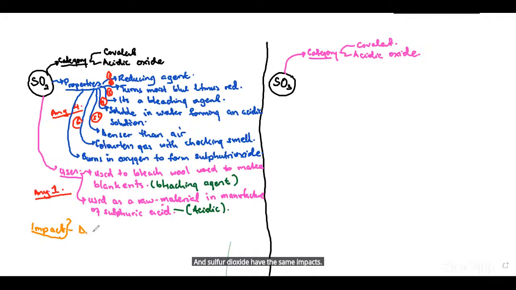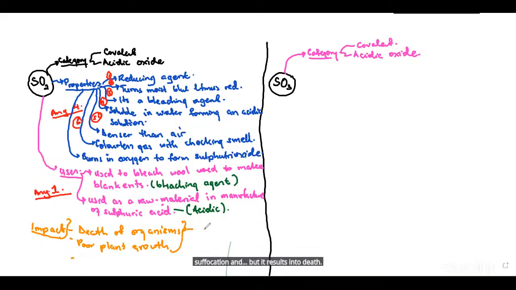One, death of organisms. Two, poor plant growth. Three would be suffocation, but it results into death.